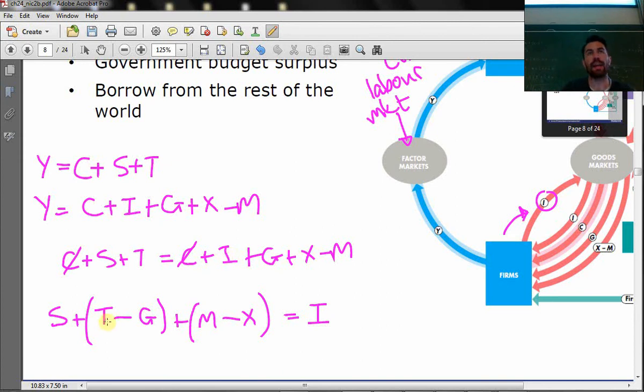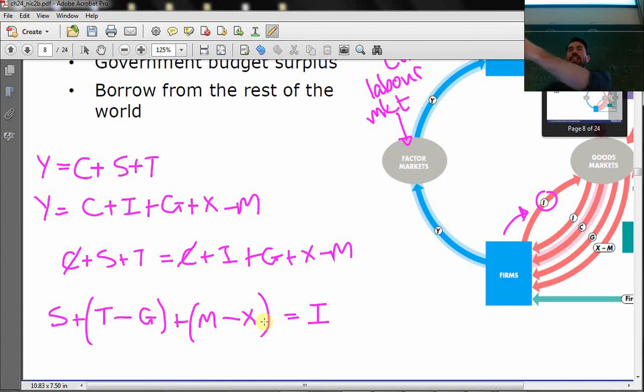If government taxes are greater than government spending, then the government budget is in surplus. It is getting more revenue than it is sending out through expenditure. So this is a government surplus. If we are importing more than we are exporting, what are we doing?